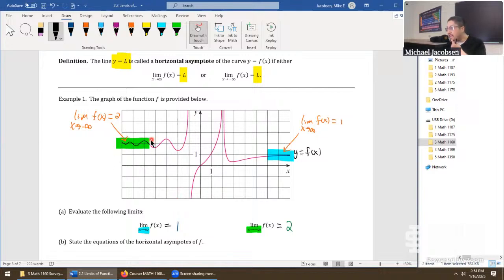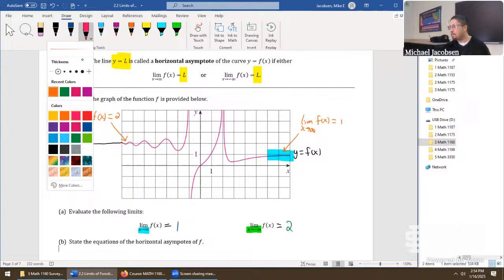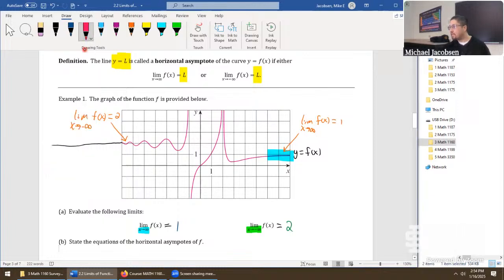I see what you're saying. Yeah, it's oscillating, but if we extended the graph going this way, it looks like what they're trying to do to that graph in spirit. Let me see if I can get a similar color. Maybe this one. Looks like what they're trying to say on this graph in spirit is that the oscillations are getting so damped that the curve is more or less doing this, just getting closer and closer to height 2.